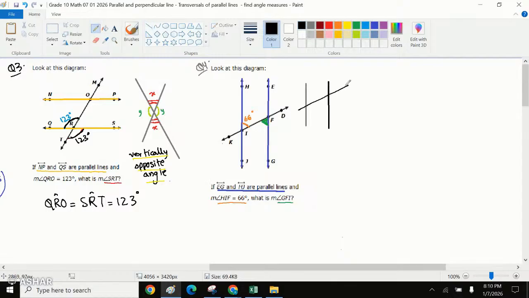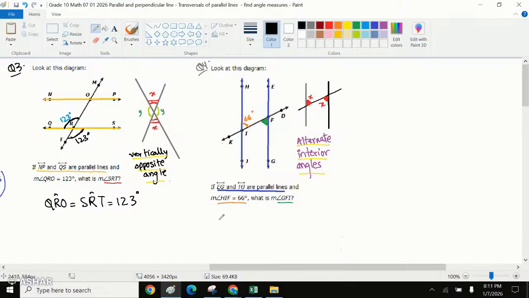We have a line over here, and if this interior angle is given to us, then this interior angle would also be the same. So we call these types of angles alternate interior angles. If this would be X degrees, then this would be X degrees. They both would be the same.